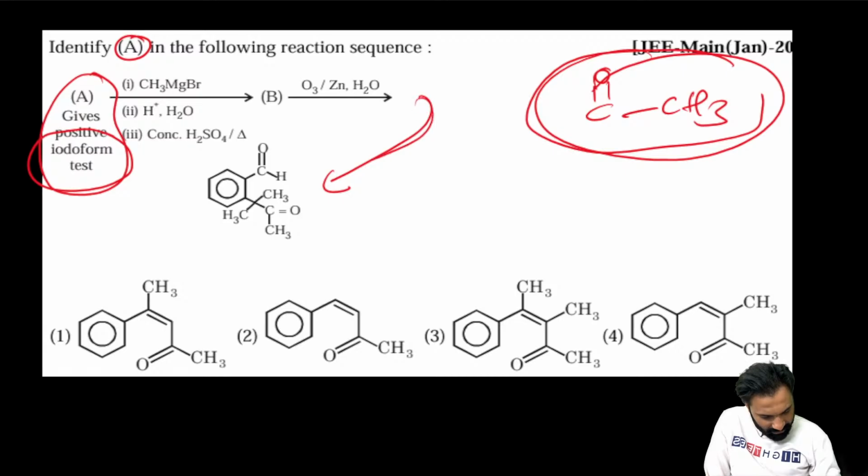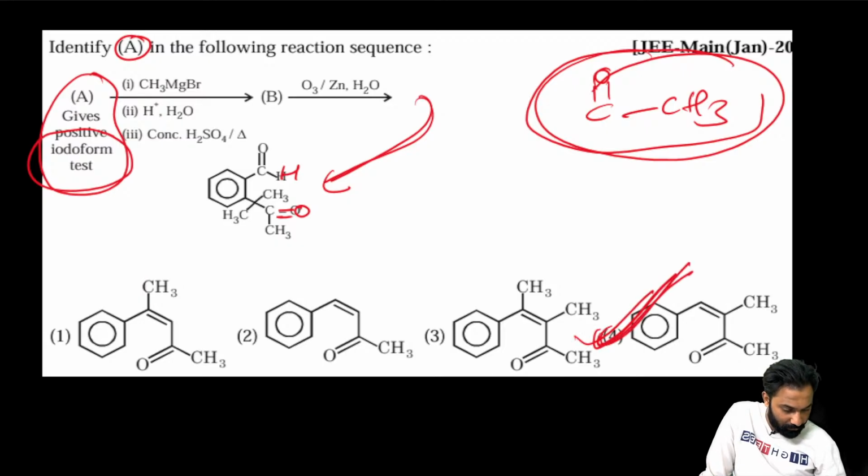Final answer should be in this manner. Here it is an aldehyde, here it is a double bond O. Then if all are there, you cross check all. Actually, my dear friend, I will say the answer is 4.